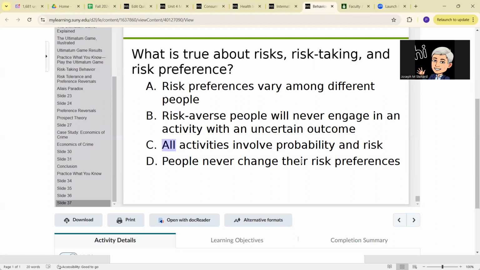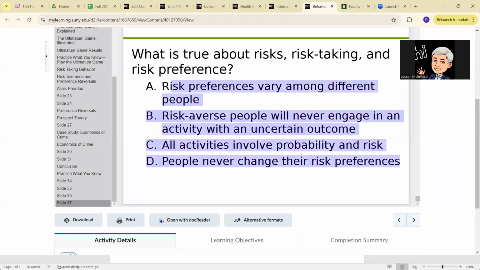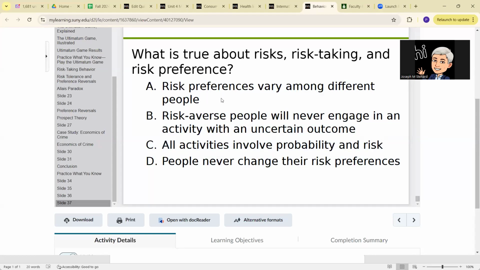That's not true either, right? Some people are willing to take more risks on vacation than they are when they're just in their day to day or at work. They think about one thing and then at the gambling table a different way. So we'll go with risk preferences vary among different people as the best answer on that one.